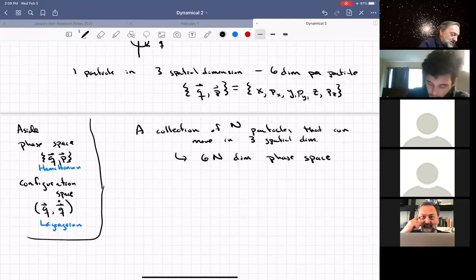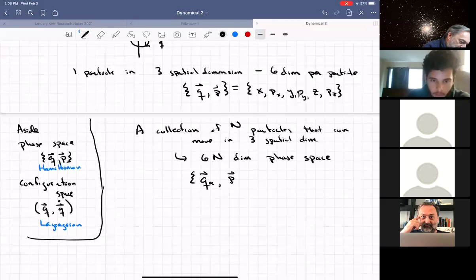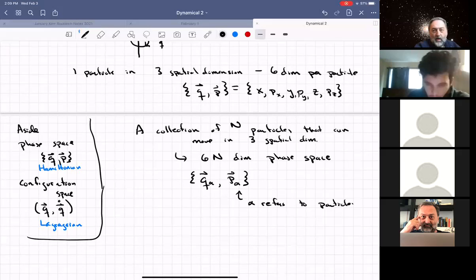And we might organize that space as q vector alpha, p vector alpha, where the alpha refers to the particles, right? So particle 1 would be q vector 1, p vector 1. Particle 2 would be q vector 2, p vector 2.